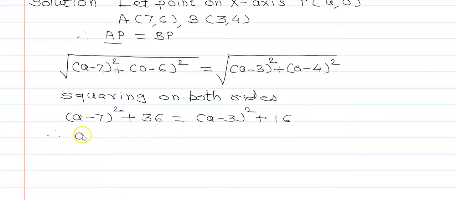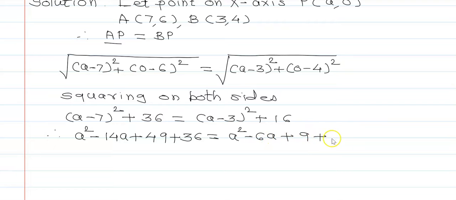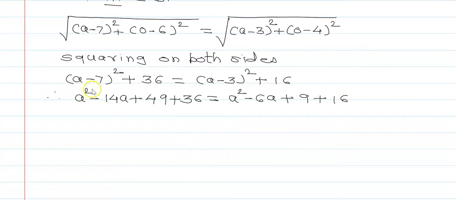Therefore expand this. a square minus 14a plus 7 square, 49, plus 36, equals a square minus 6a plus 9 plus 16. Here a square and a square get cancelled.